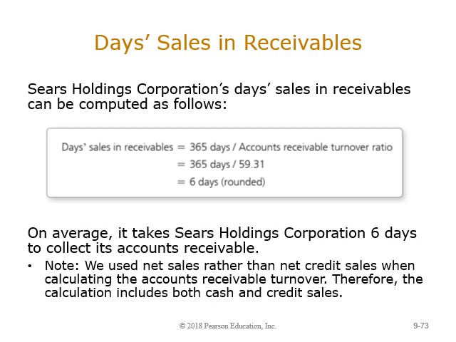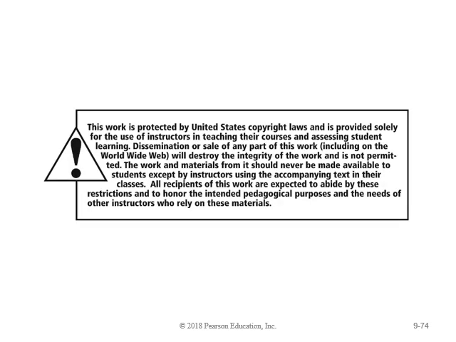So in this case, we take 365 divided by our 59.31, and we get approximately 6 days. So on average, it takes Sears Holding Corporation 6 days to collect its accounts receivable. I mean, that's not bad. That's actually pretty quickly. And that's all we have for Chapter 9.